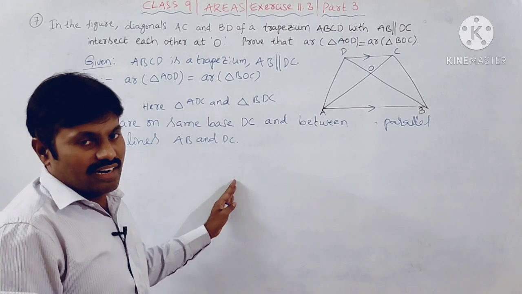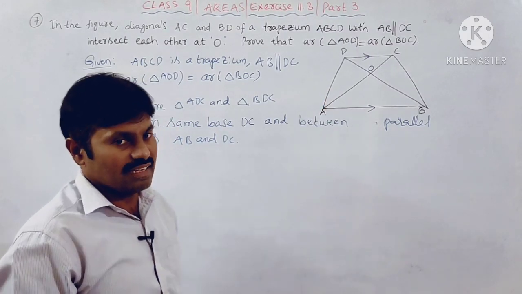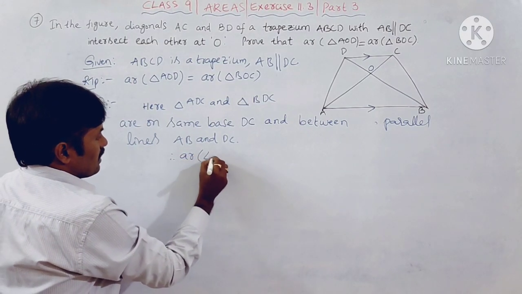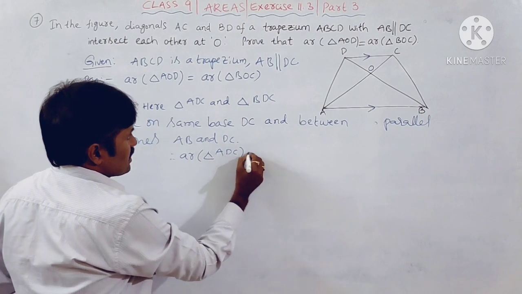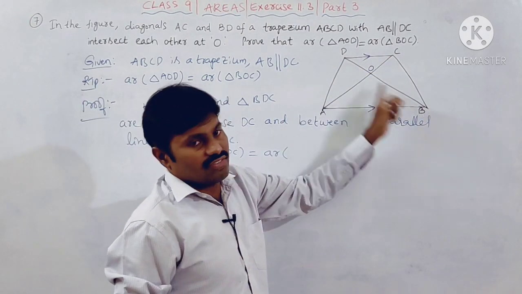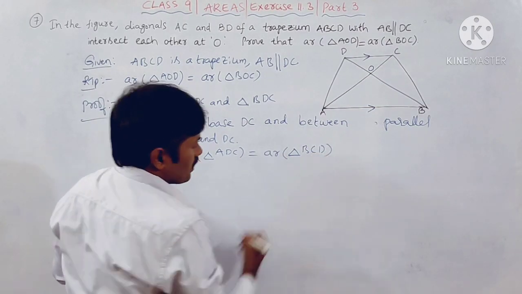So from this what can we write? We know that if two triangles are on the same base and between the same parallel lines, then the areas are equal. Therefore, area of triangle ADC is equal to area of triangle BCD or BDC.